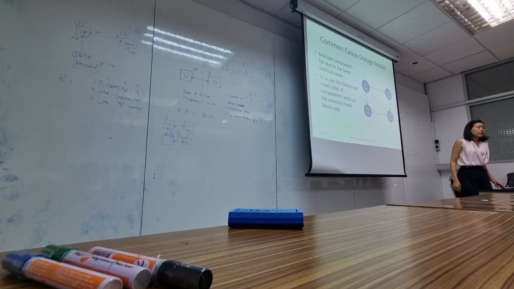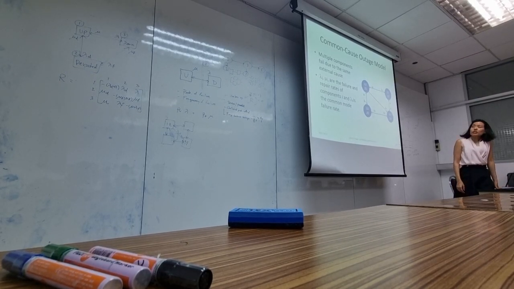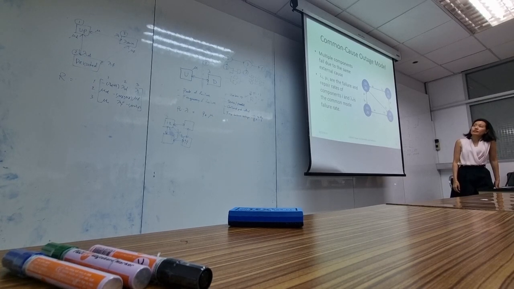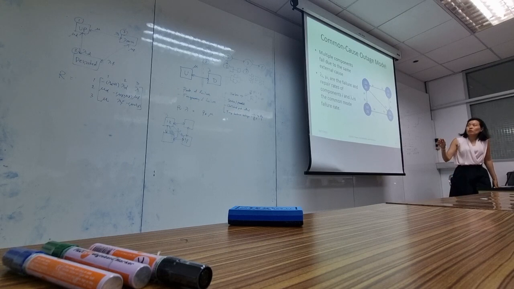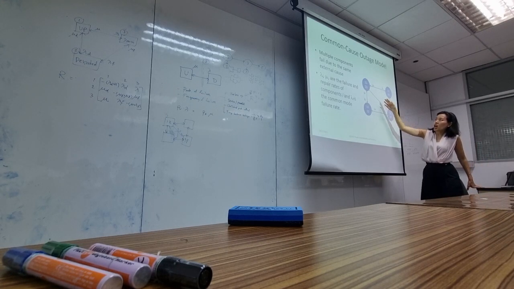So first, for the common cause outage, you have multiple components, but they fail at the same time through an external cause. Like in this example, lightning strikes a transmission line. Each transmission line works fine, but when the lightning strikes, it brings both of them down. So that is the common cause.